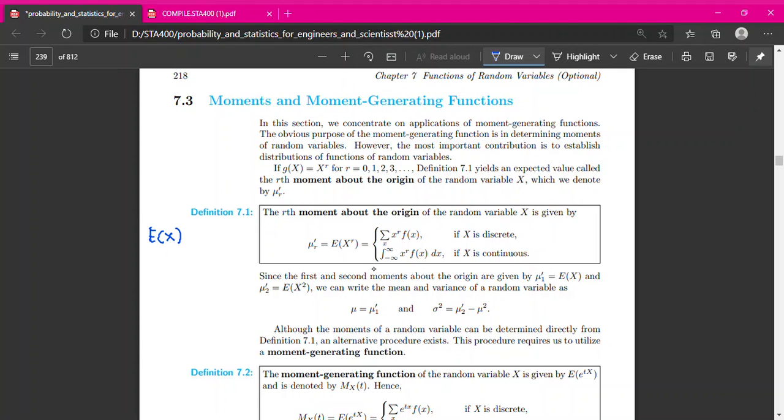Untuk cari variance, you need the expected of X square. So actually ini adalah moment about the origin, which is expected of X power of R.